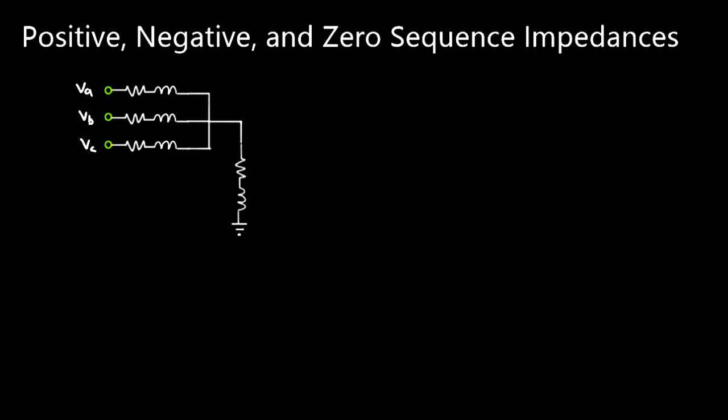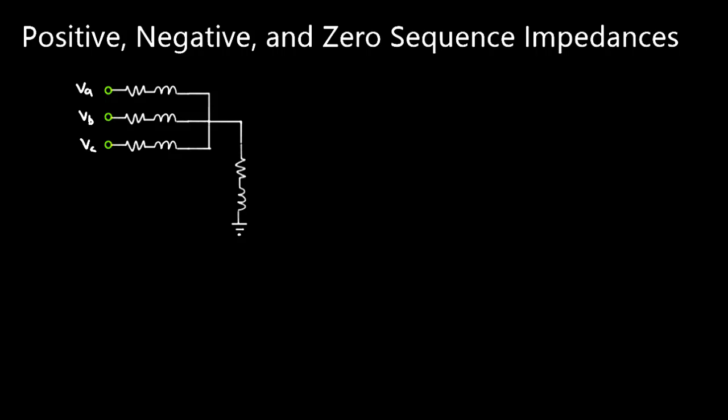So when we talk about a sequence impedance, meaning a positive sequence impedance, a negative sequence impedance, or a zero sequence impedance, what we talk about is the characteristic of a piece of equipment like a generator or a transmission line or a transformer to oppose the flow of sequence currents.